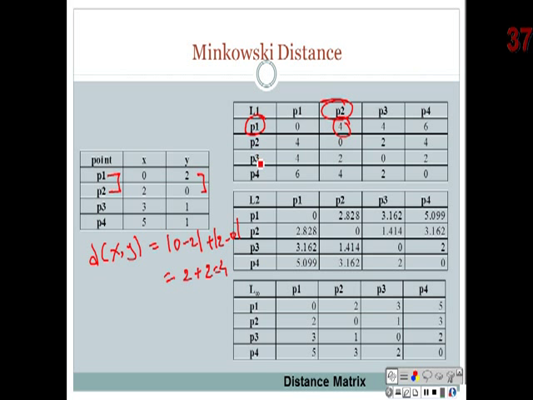And another example, let's say I want to calculate between 4 and 1. So 0 minus 5, absolute value, so it's 5, 2 minus 1, it's 1, so the distance is equal to 6. Now the last one, which is the most unused one, which is the supremum.